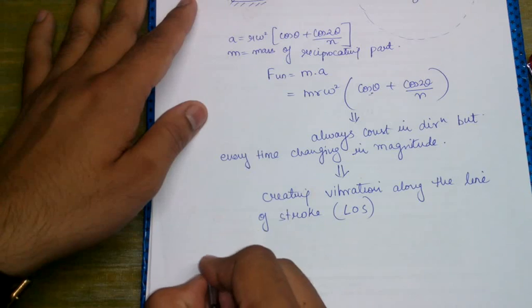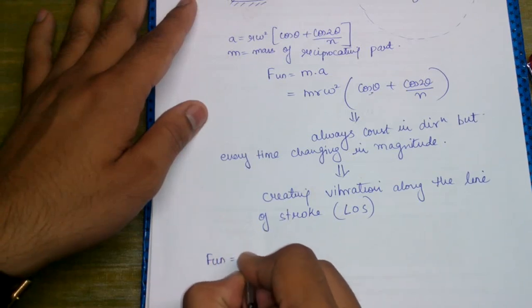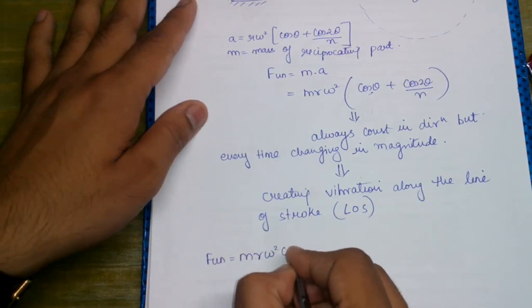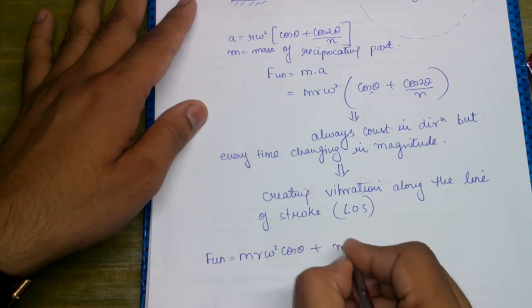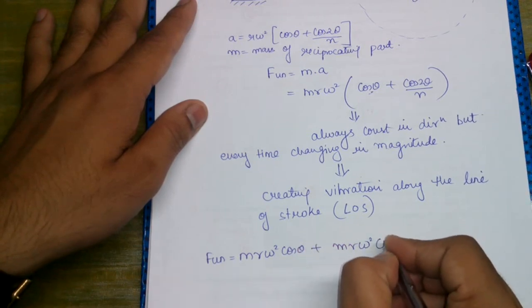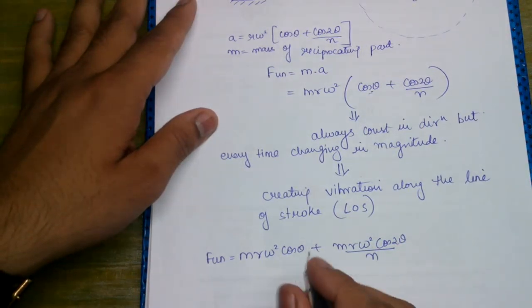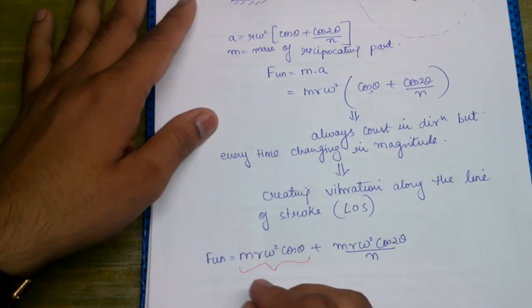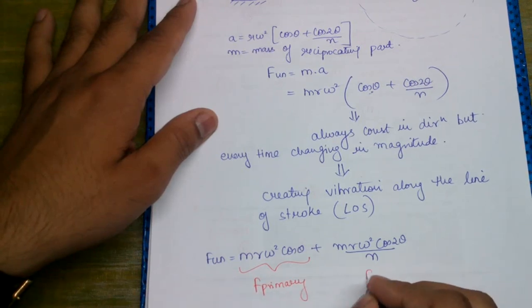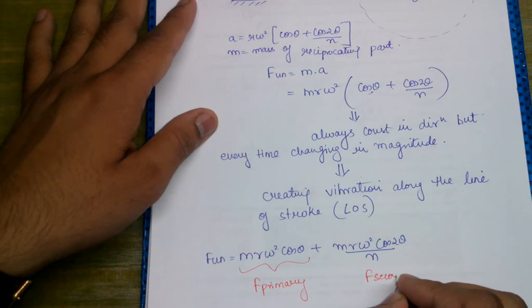So we see that this unbalanced force has M r omega square cos theta plus M r omega square cos 2 theta upon n. It has two components. The first is called the F primary, and the second is called the F secondary.